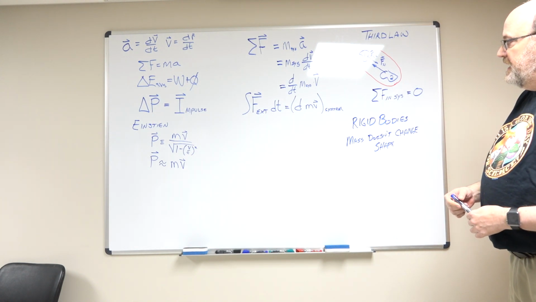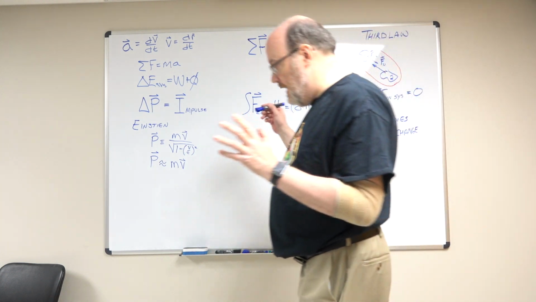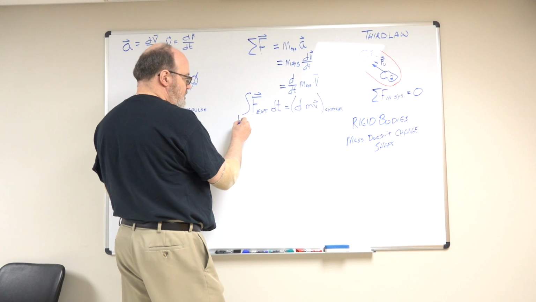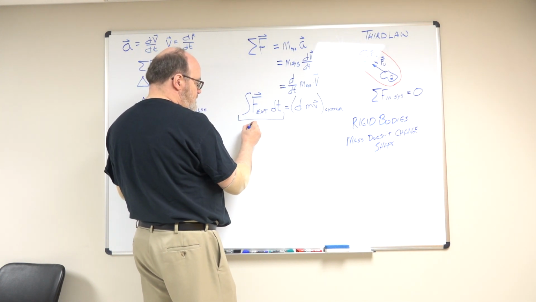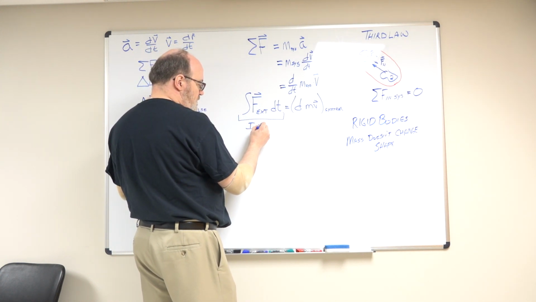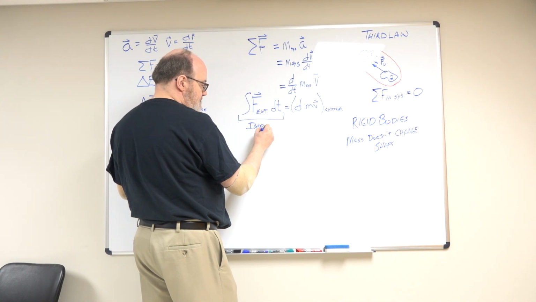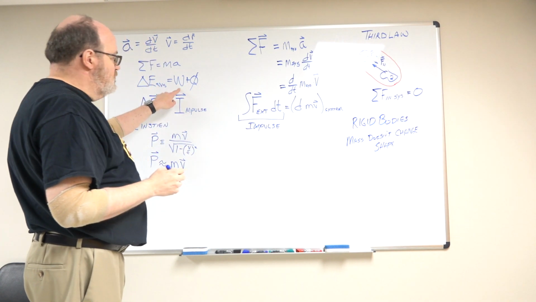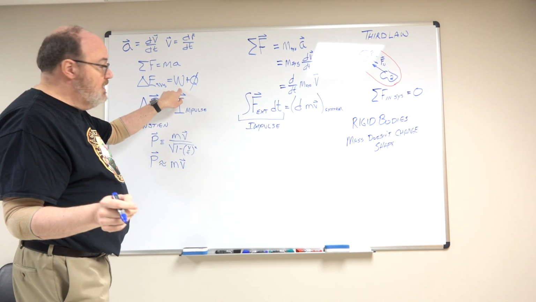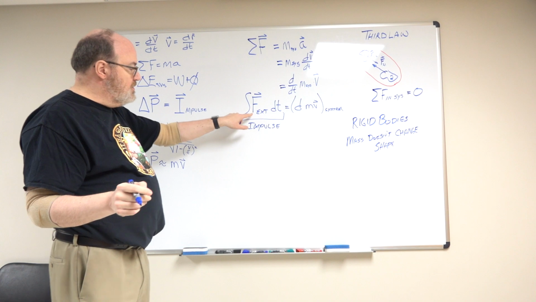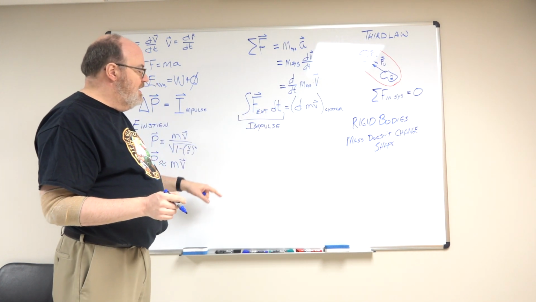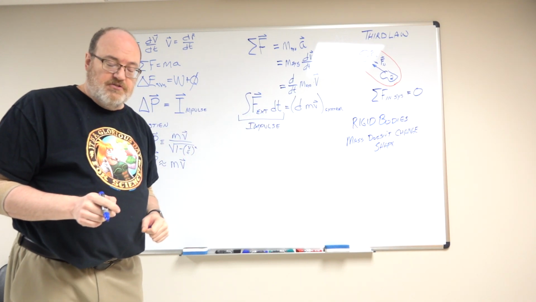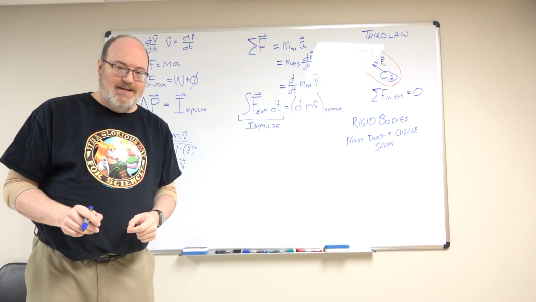So this is the idea where this principle comes from. From the external forces, we get impulse. Just like the external forces gave us work, but remember, work was external force times distance. Now with impulse, I get external force multiplied by time.